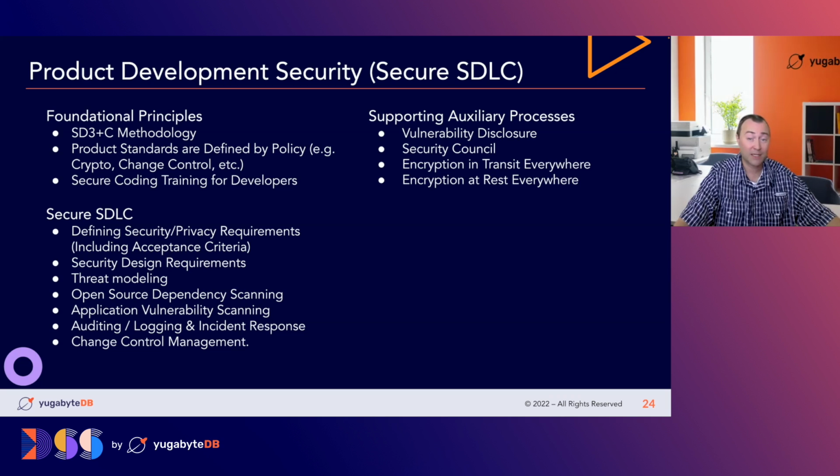To bolster our SSDLC, we have a public vulnerability disclosure program, and Yugabyte is a CNA under MITRE who can issue CVEs for vulnerabilities in Yugabyte products. We also have a security council, which is made up of security executives from large and well-known organizations, which act as a steering committee to enhance Yugabyte's overall security posture from a product, process, and policy perspective.